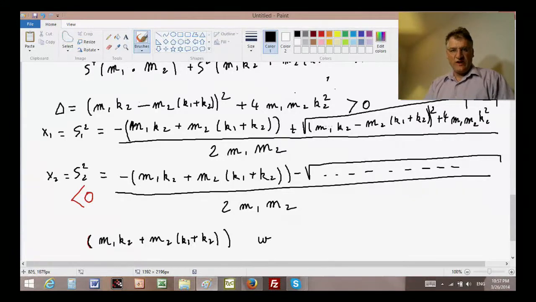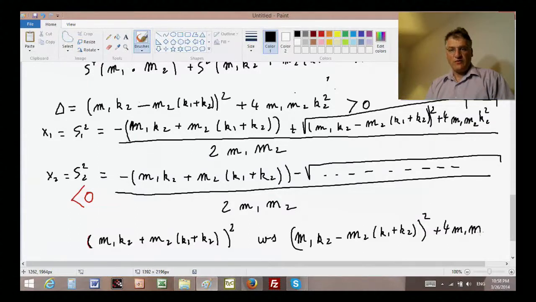But since we hate square roots, we're just going to compare this guy squared versus M1 K2 minus M2 times K1 plus K2 squared plus 4m1 m2 k2 squared.